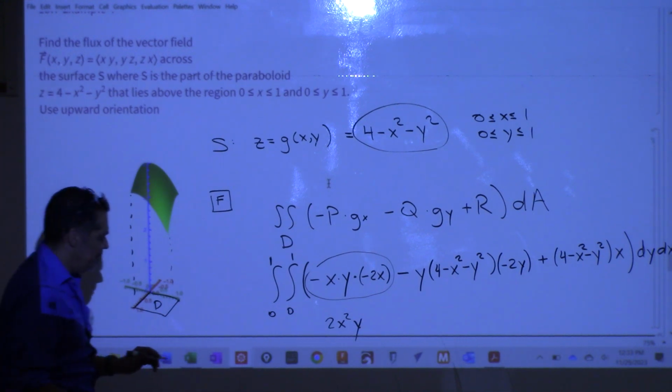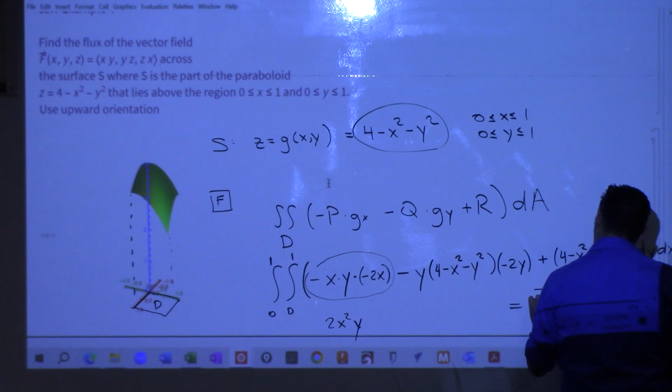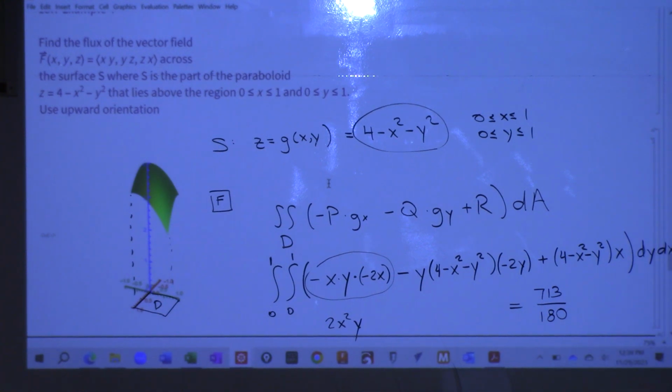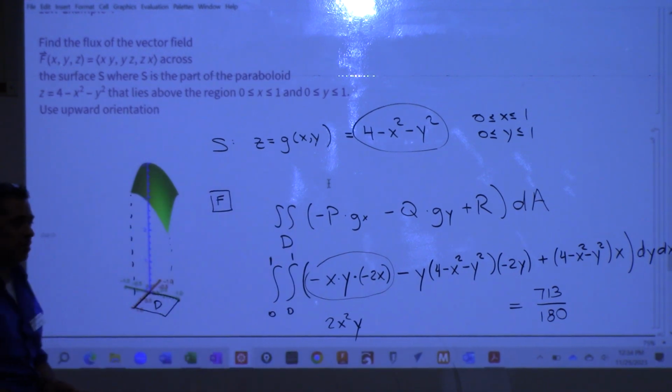So the answer here is 713 over 180. I did it before, so I have the answer there. That's the flux. That's the measurement of the flow of whatever, through this surface given this vector field.